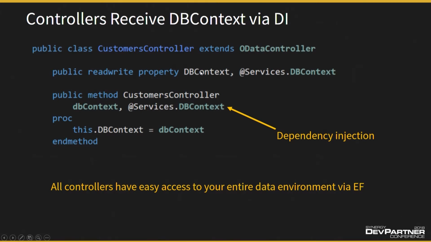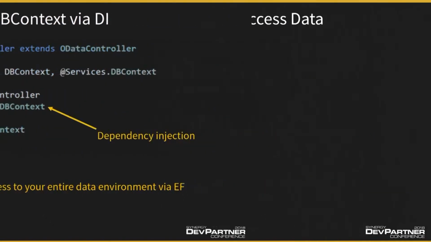That's what Jeff was talking about when he said dependency injection. Our constructor just says, I would like a DbContext, please, and when somebody constructs one of these controllers, they hand it to us, and that gives us access to all of our underlying data.